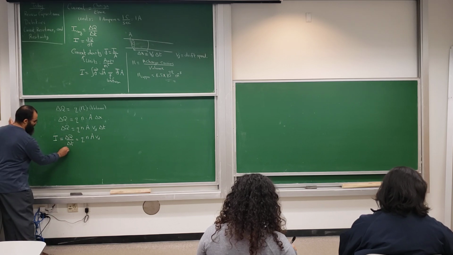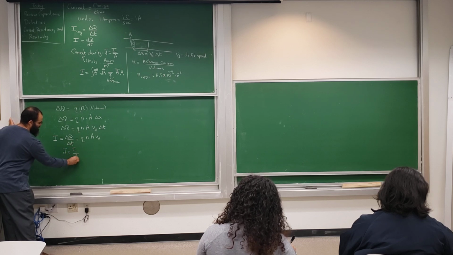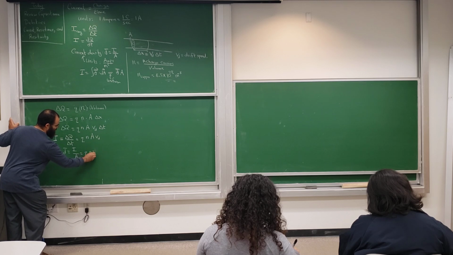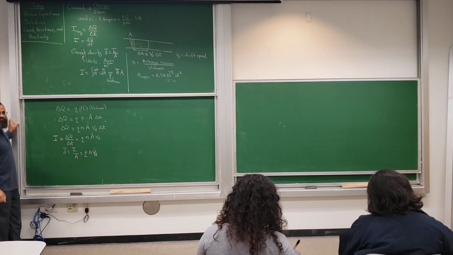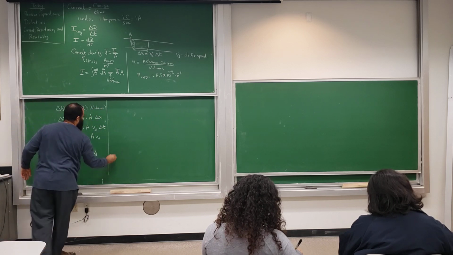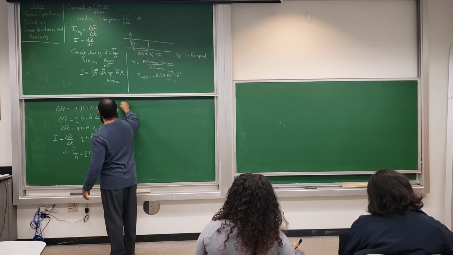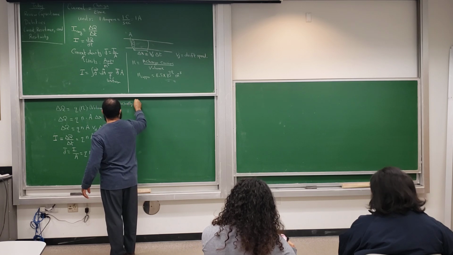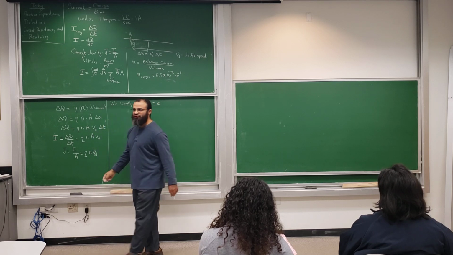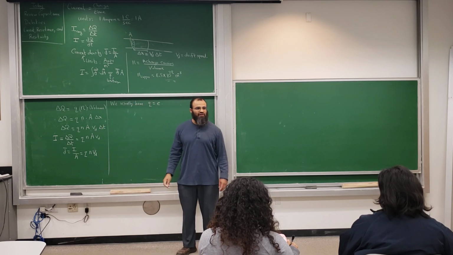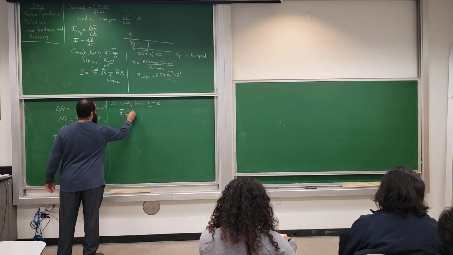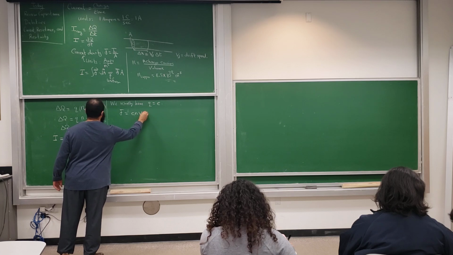Now J, which is the current over the area, will just be n q v_d. We usually have q equal to e, each charge carrier having just one plus charge. So that means J will just be n e v_d.